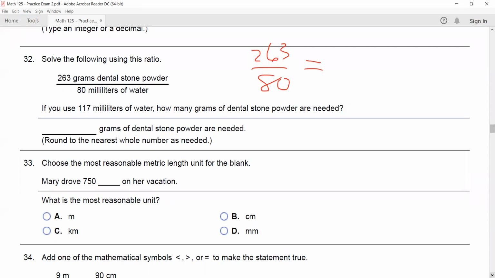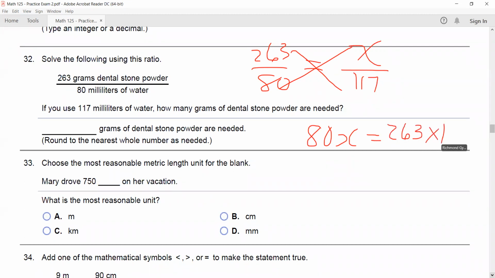So on my right side, my bottom part or my denominator, it's also going to be the ml of water. And then how many grams? Let's do an x. Now, you could cross multiply. When you cross multiply, you have 80 times x, which is 80x, equals 263 times 117.